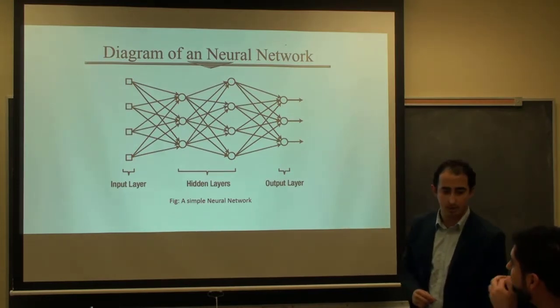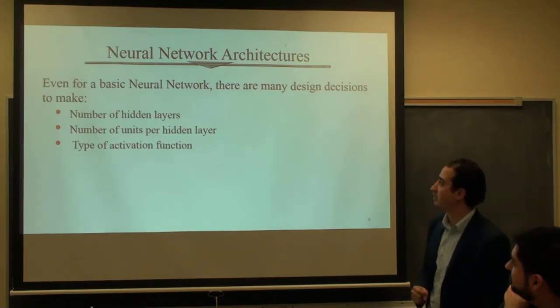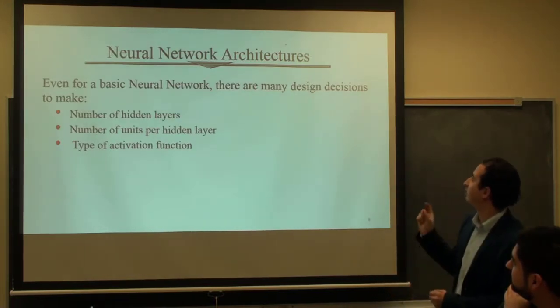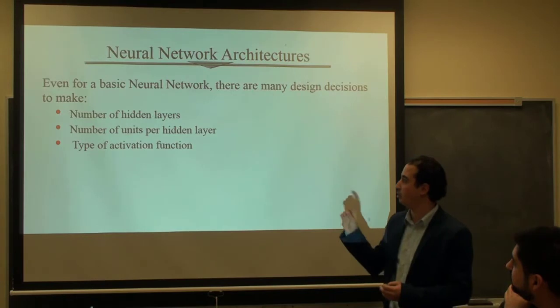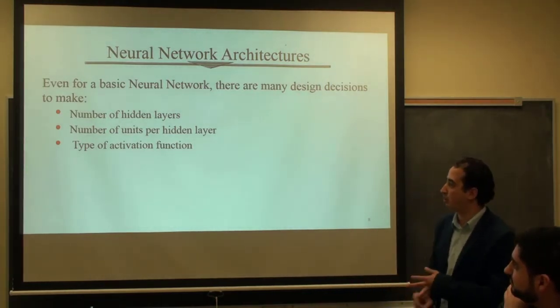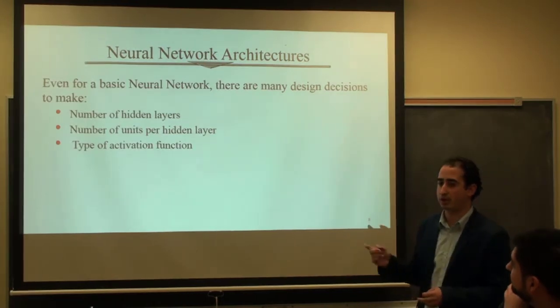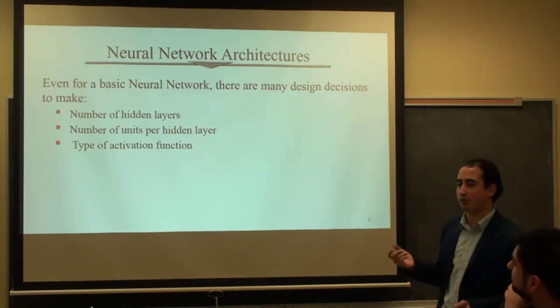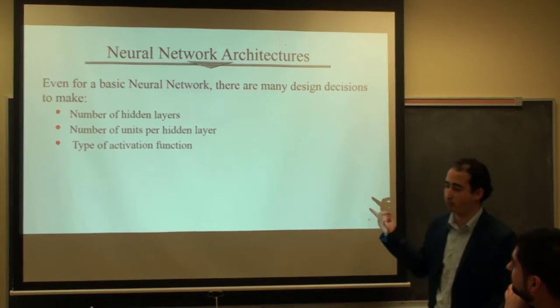For the design, we need to know the number of hidden layers, the number of units per hidden layer, the neurons, and what type of activation function. We will talk about it later.